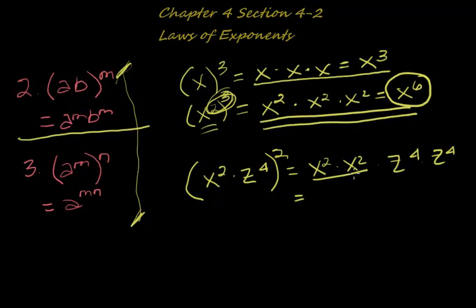We know now that we can add these, so this is x to the fourth, which is the same as multiplying these two. And this is z to the 8th, which is 2 times 4 and not 6. Sorry, that doesn't look like an 8, and it should. So it's x to the fourth, z to the 8th. We are multiplying individual exponents here.